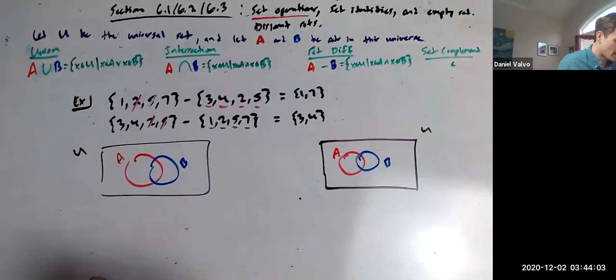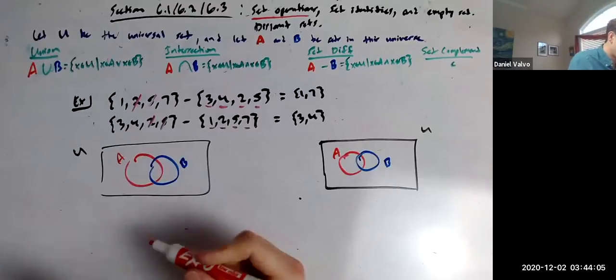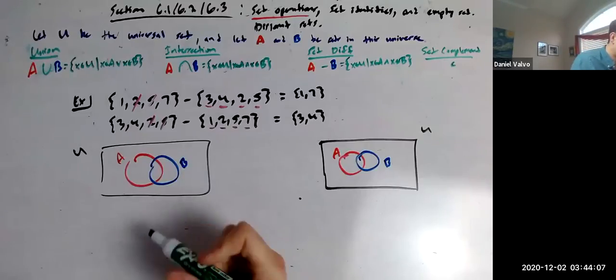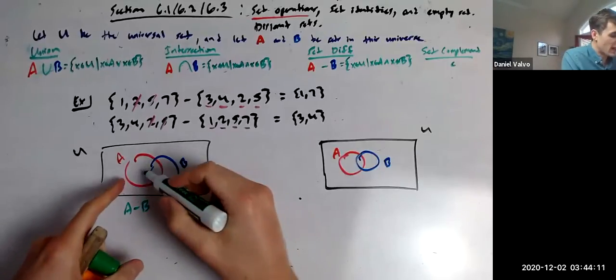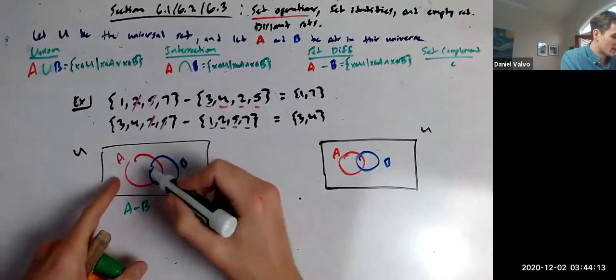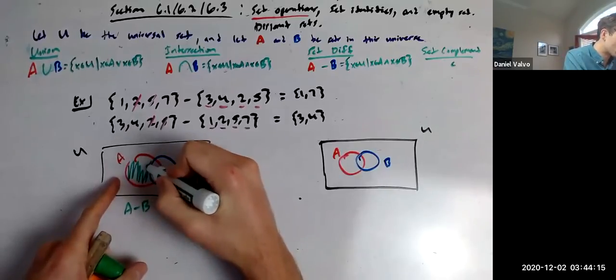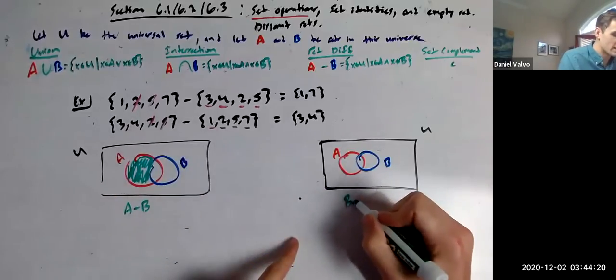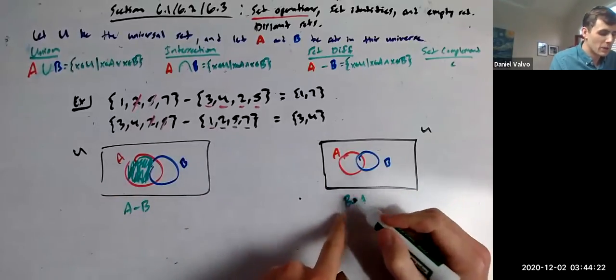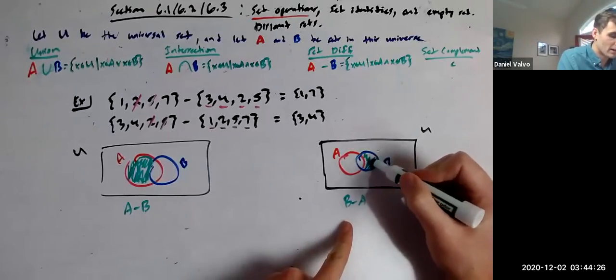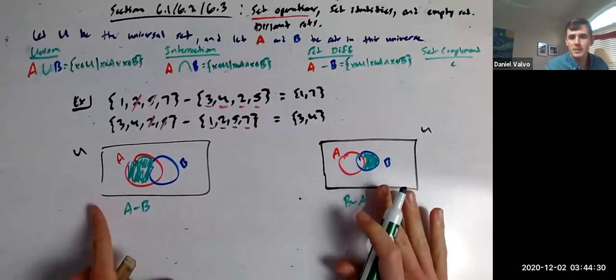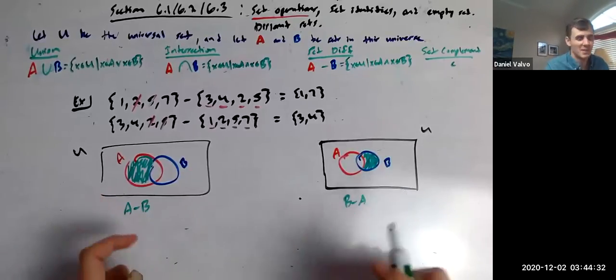Now let's look at A minus B. This is everything in A that pokes out of B, so that's going to be all of this stuff right here. But B minus A is everything in B that pokes out of A, and that's going to be all this stuff right here. And so we get opposite things.